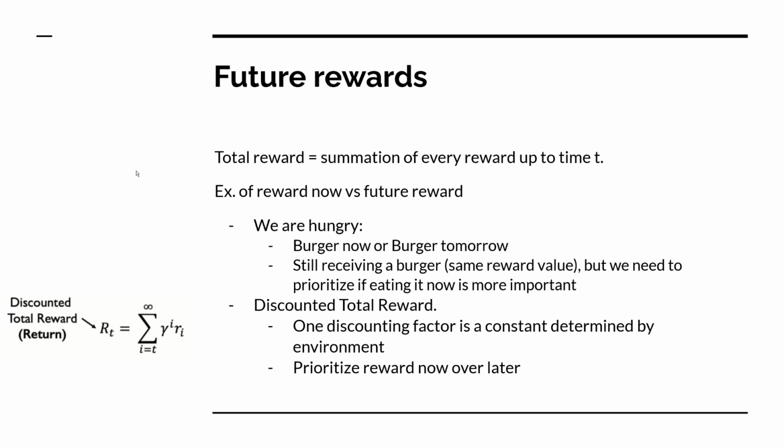Okay, this helps us kind of give a lesser value to a reward that we might get later, and that's how we prioritize that. If the value of the reward is less when receiving it later than now, well then we'll just go with a path that can get a reward now.